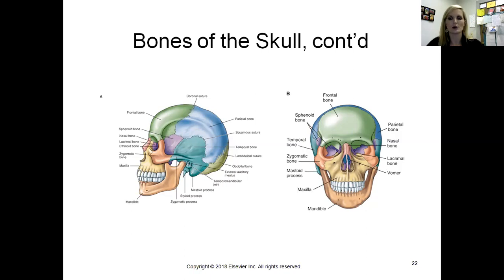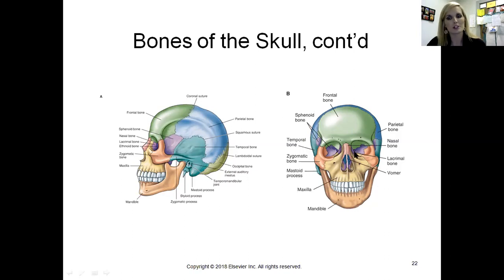Those are our nasal bones. And in the skeleton, you guys can see that there is no nose on the face here, and that is because our nose itself is made up of mostly skin and cartilage, so it wouldn't be on the skeleton. The only bones in our nose are those ones at the top. So number 1 are the nasal bones.